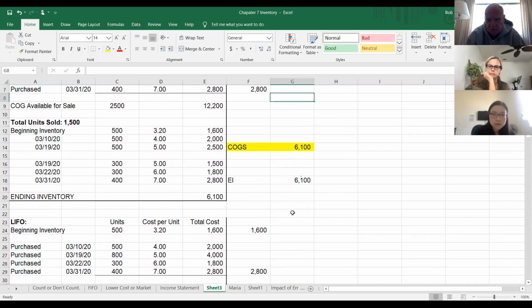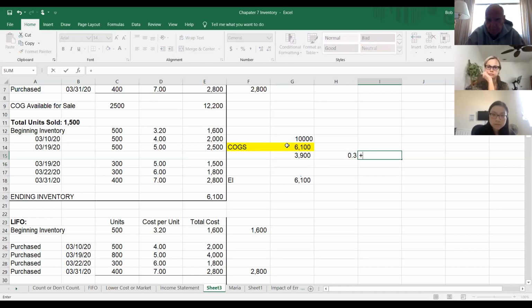Up here, cost of goods sold was $6,100. If we assume that the sales were $10,000, their profit was this minus this, right? And with a 30% tax rate, they're going to end up paying this much in taxes. They're going to pay 1170.